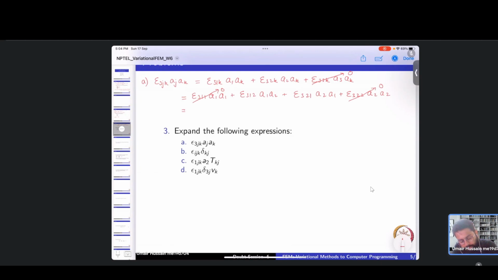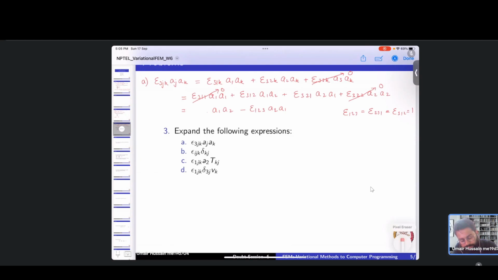So epsilon 312 can be written as epsilon 123 a1 a2, right? And epsilon 321 can be written as minus epsilon 123 a2 a1, because epsilon 123 equals epsilon 231 equals epsilon 312, that is all equal to 1.